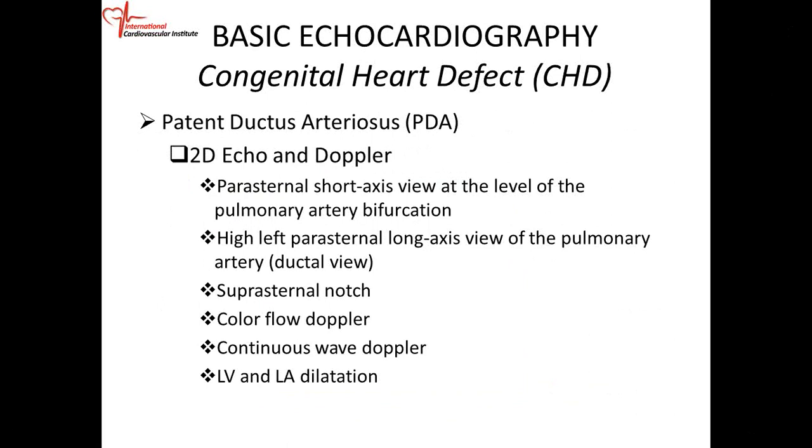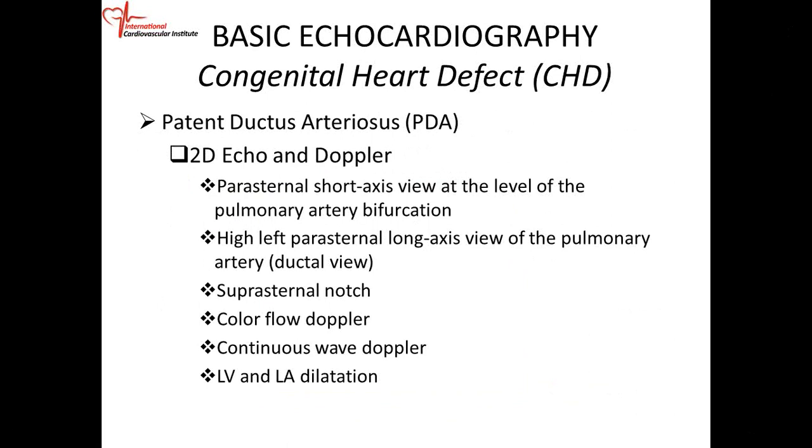Because remember we said that the ductus arteriosus joins the pulmonary trunk from the aorta. So in a normal individual, normal anatomy, you should only see two bifurcations at the pulmonary trunk. If you see three bifurcations, then you're talking about a PDA, patent ductus arteriosus.